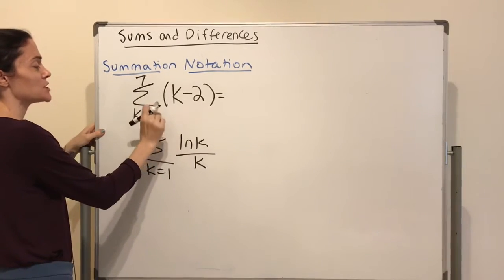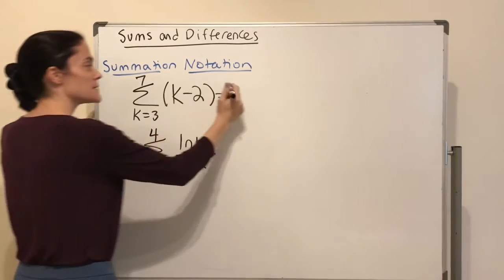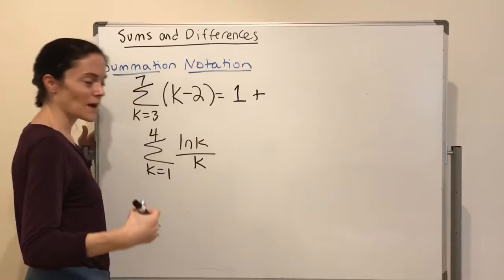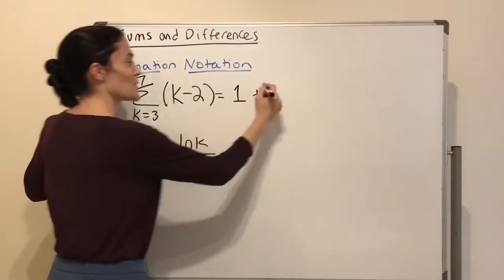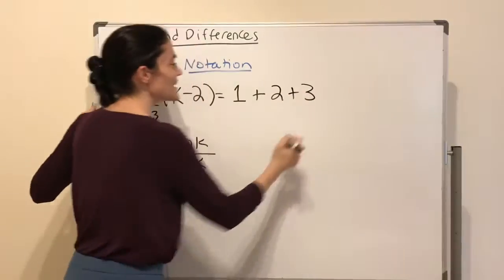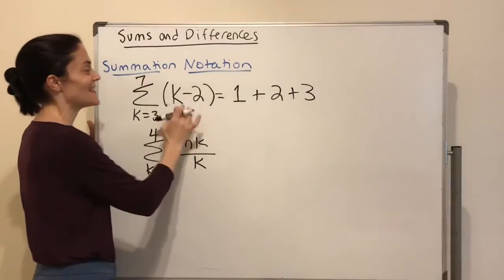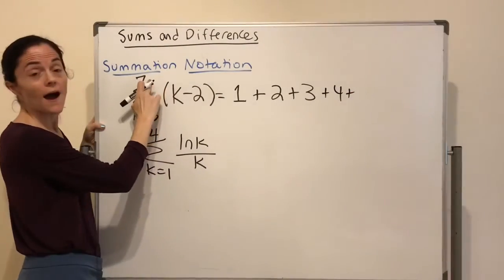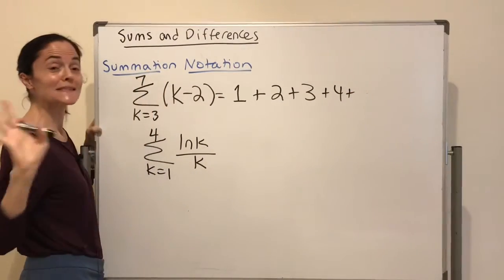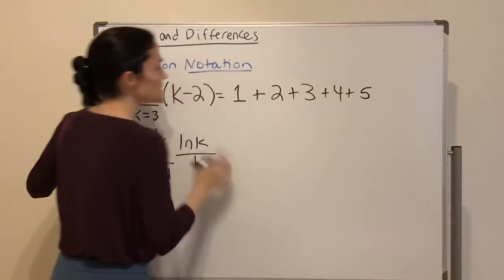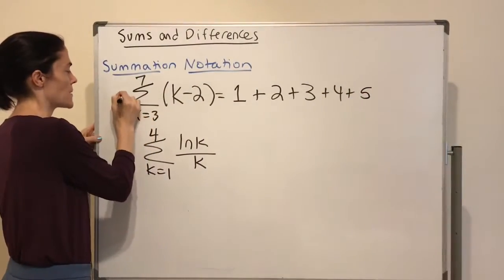So as I was mentioning, you begin with k equals 3, this expression is 1, and then the next one is k equals 4, and this expression is 2. K equals 5, this expression is 3. K equals 6, the expression is 4. And we stop up here, k equals 7, and the expression is 5. Okay, so this is this sum here.